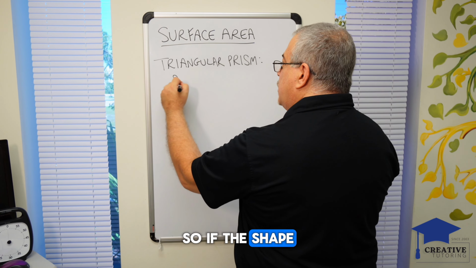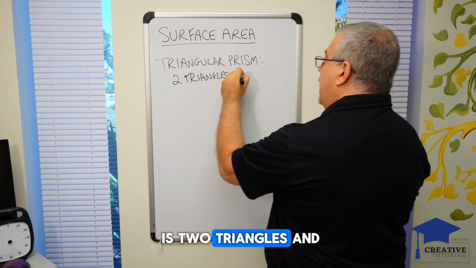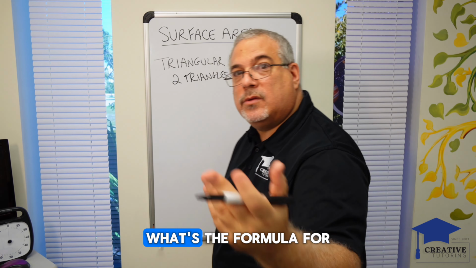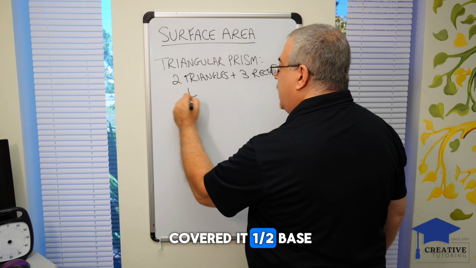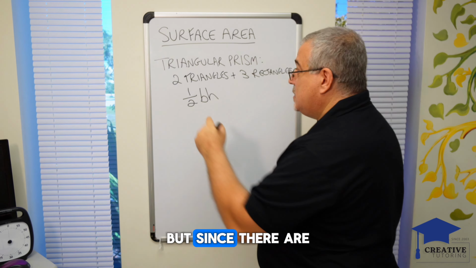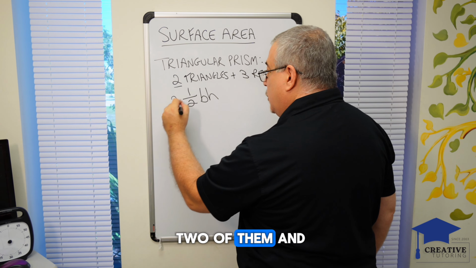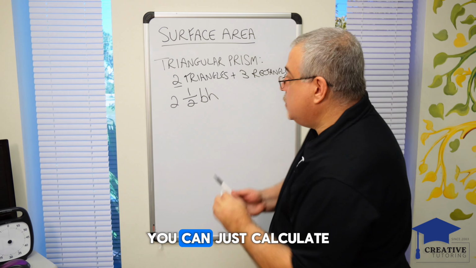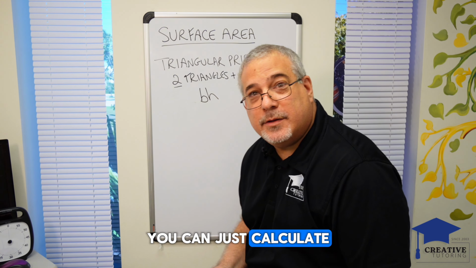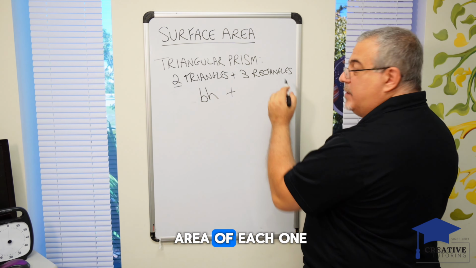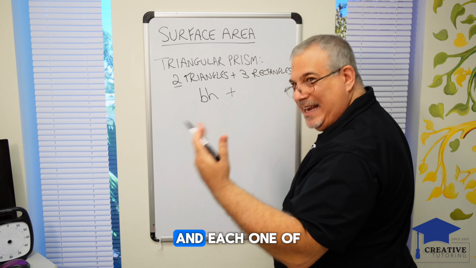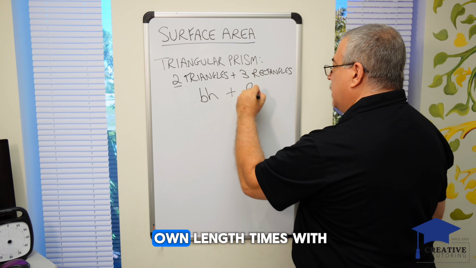So if the shape is 2 triangles and 3 rectangles, well, what's the formula for the area of a triangle? That's right, we just covered it. 1/2 base times height. But since there are 2 of them, and there's 2 halves, you can just calculate base times height of the triangle. So now with these 2 covered, you would add the area of each one of the 3 rectangles, and each one of them would have their own length times width.